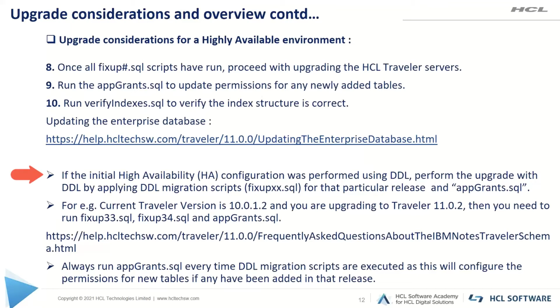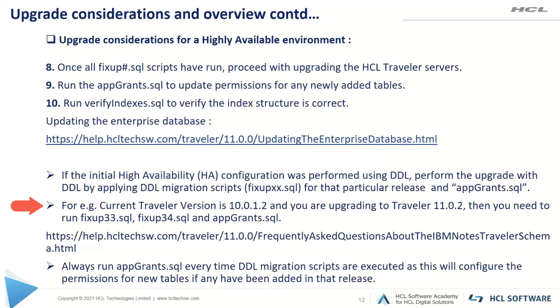In case you have set up your initial high availability configuration using DDL scripts, then at the time of upgrade, you can apply the DDL migration scripts for that particular release. After executing these DDL migration scripts, you need to run the appgrant.sql script. For example, let's say your current Traveler version is 10.0.1.2 and you are upgrading to 11.0.2.